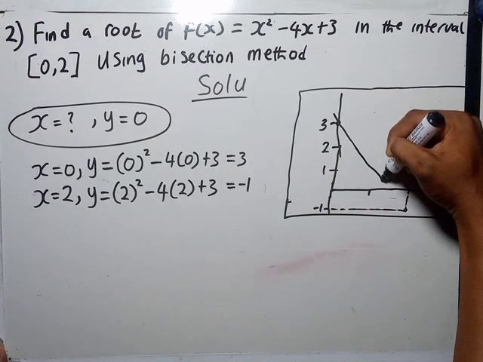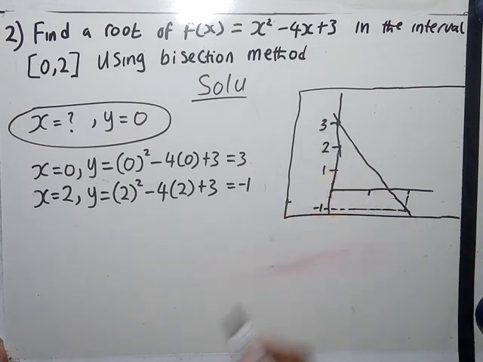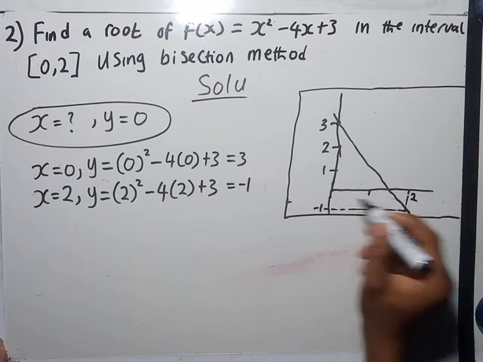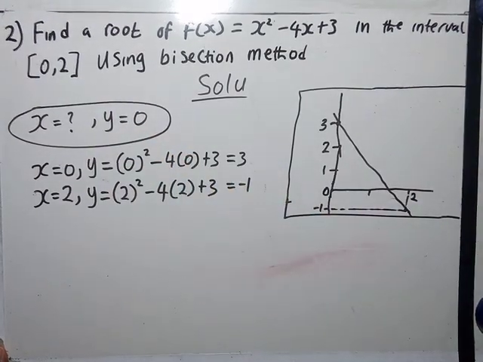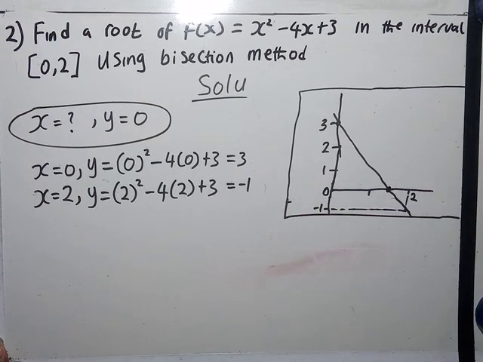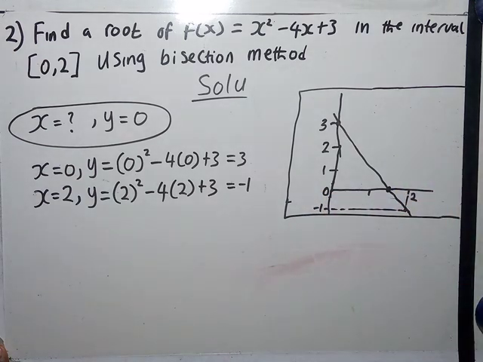So we have something like this. It's definitely going to fall in between our 2 and 0, according to what the question says. Now this is the point we're looking for. I'm trying to get this point. So we want to divide this distance, this 0 to 2, into 2 equal parts.